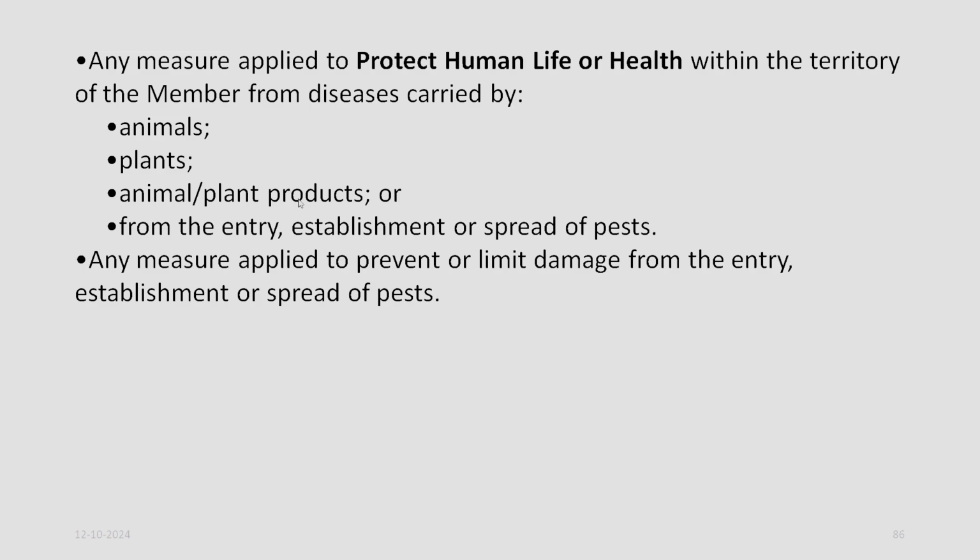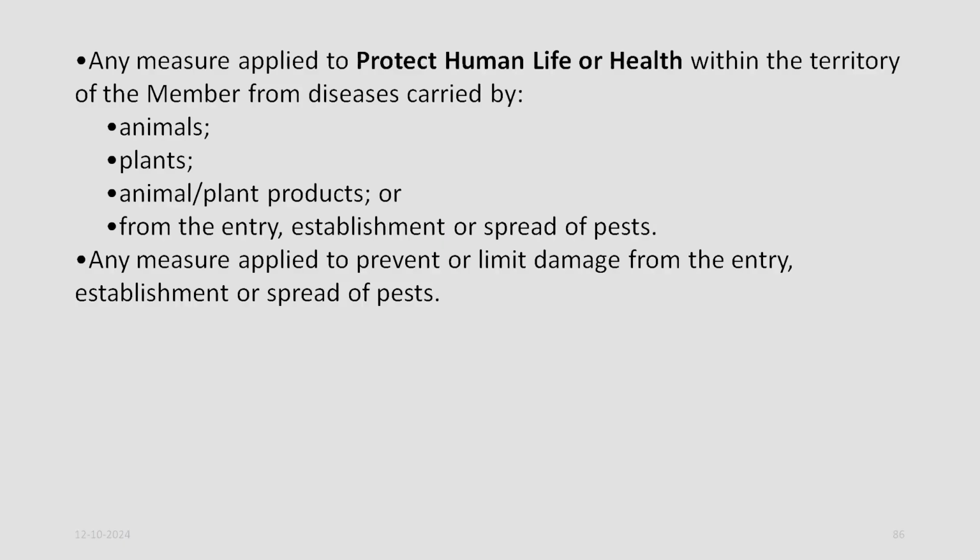So if there is a movement of animal in the sense that if the animals or animal products are exported to another country, first is animals means the living animals, if they are exported from one country to another, or it can be the animals that are dead, but they are not still processed for the food, but simply they are dead, so that can also be covered.